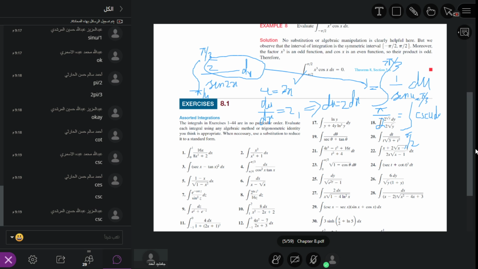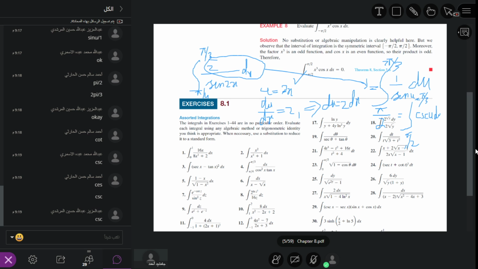Now can any student give the answer: what is the integral of cosec u? It is not cosec, the integral of cosec is something else. We solved it in the last formulas.